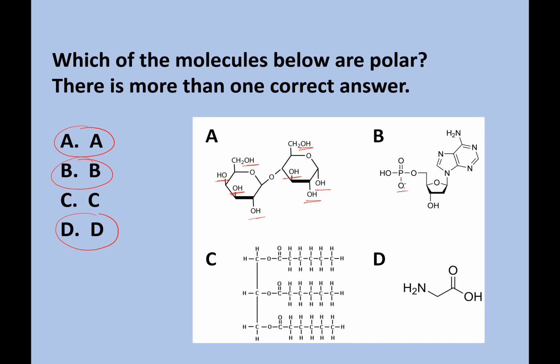And oh, we even have a charge here, and we have NH, and we have OH, and we have another OH. This is a nucleic acid. This is DNA. Well, a DNA nucleotide. This has got NH and OH. This is an amino acid. That is also polar. But this one, even though there's some oxygens, look at all these carbons and hydrogens. Okay, this is a lipid.